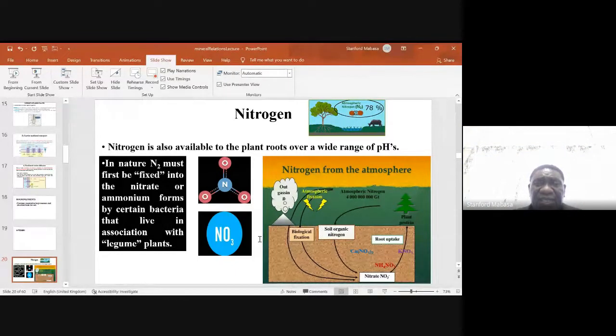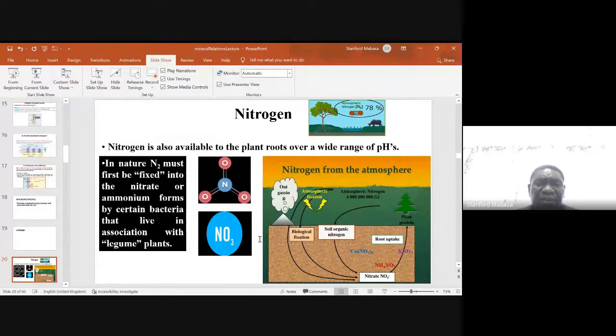Naturally, nitrogen is in the atmosphere, about 78% of it is present. But that cannot be utilized by the plant in the form it is. It has to be converted to nitrates.